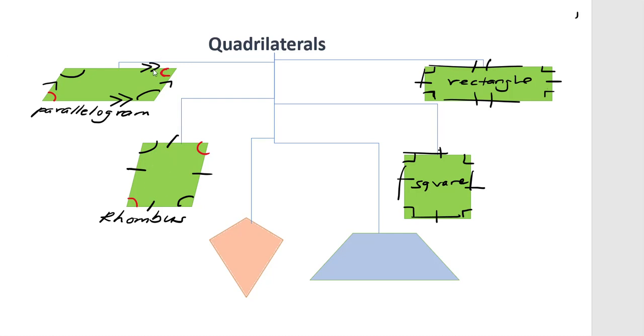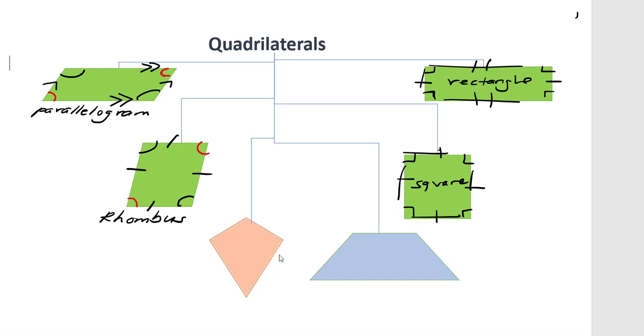Okay, but we call this one here a parallelogram, that's its actual name. But just keep in mind that technically these other 3 are also types of parallelograms. Okay, I know it's a bit confusing, but just remember they have the same properties as a parallelogram in that the opposite sides are parallel.